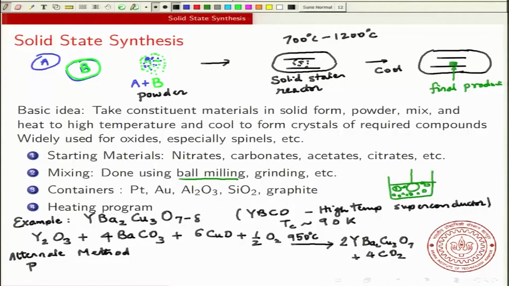So you can take barium nitrate, you powder it and you heat it, and you will get barium oxide. So barium nitrate when heated will give you barium oxide, and it will give you nitrogen dioxide gas.